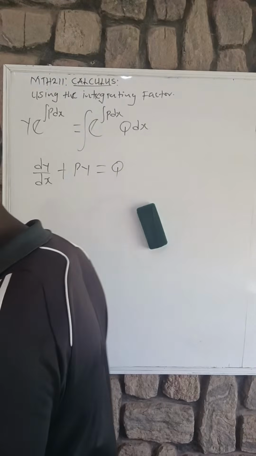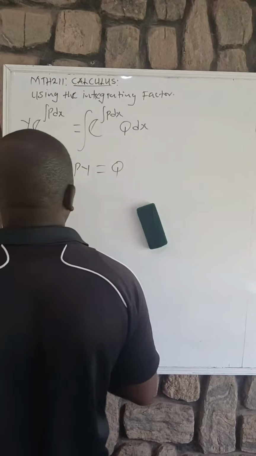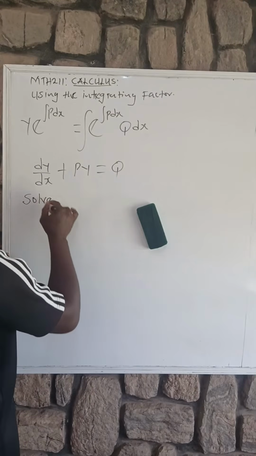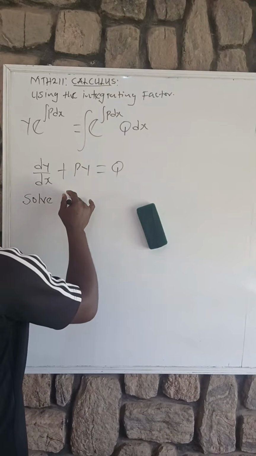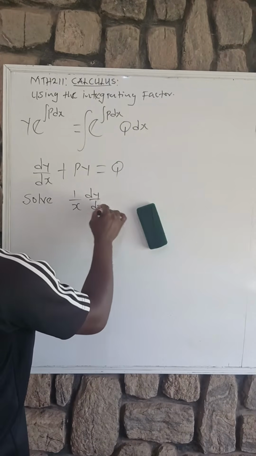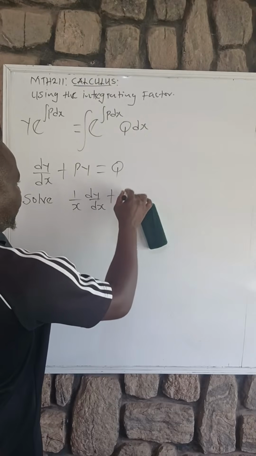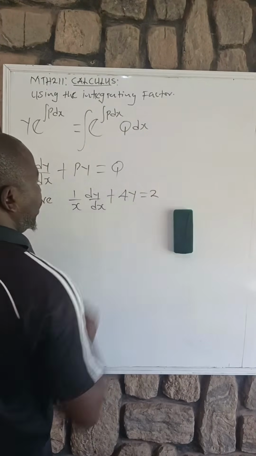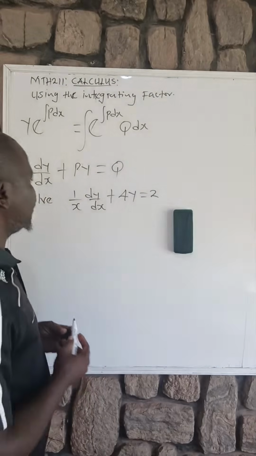Solve a differential equation. Example: solve 1 all over x dy over dx plus 4y equals 2. As simple as ABC.